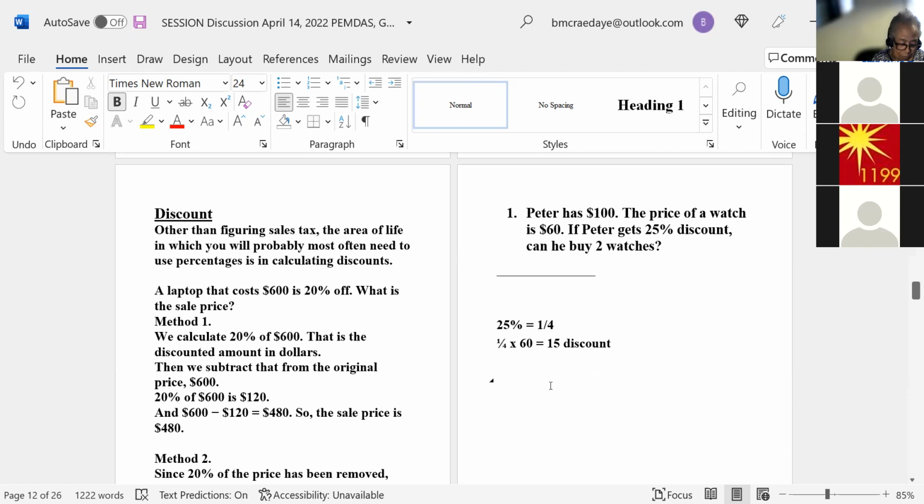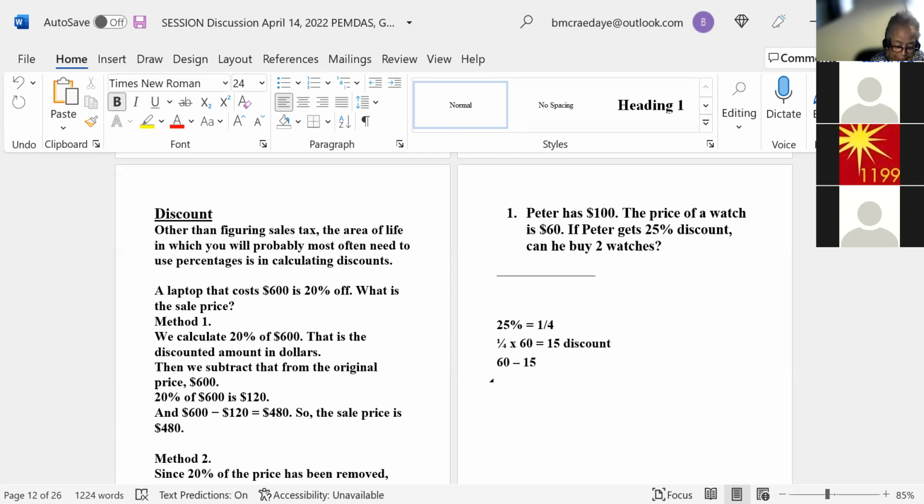The regular price is 60, right? And he's saving $15 on each watch. Therefore, how much? 60 minus 15. That's right. What's that equal to? $45. That's right.